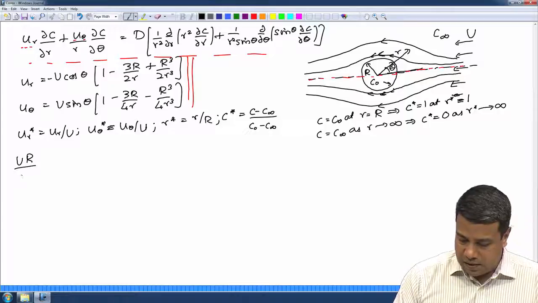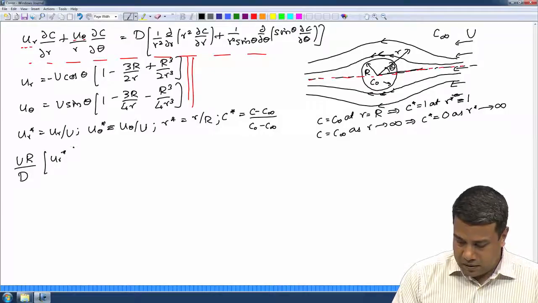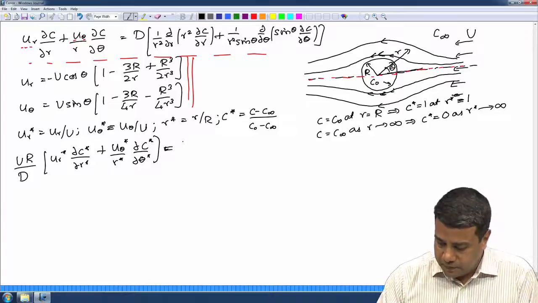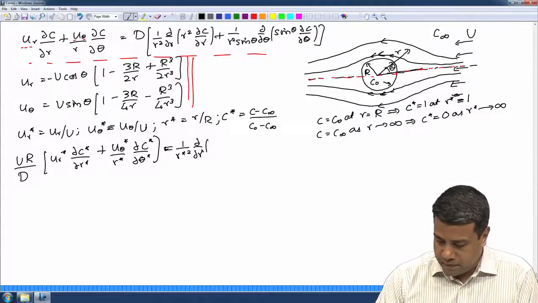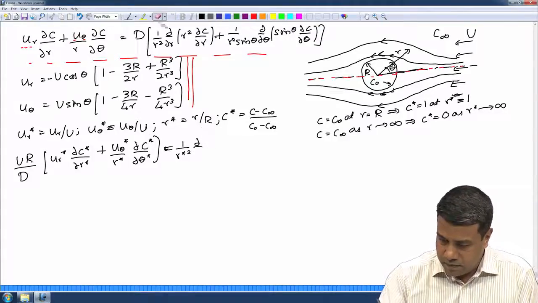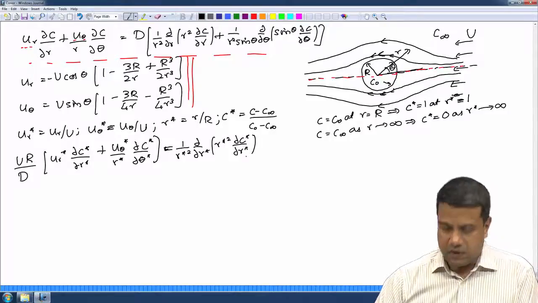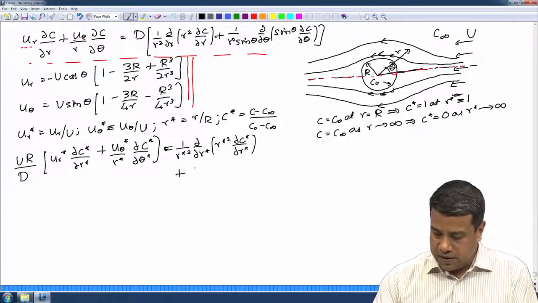U R by D, into u r star partial c star by partial r star, plus u theta star by r star partial c star by partial theta, is equal to that is the radial part of the diffusion plus the azimuthal part.